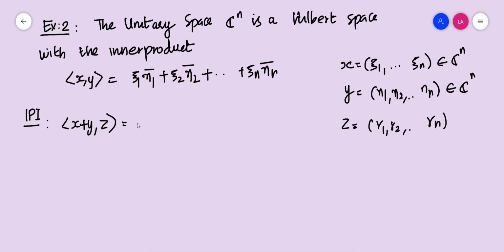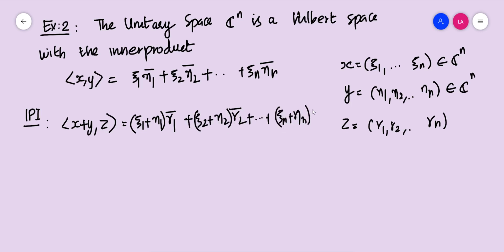That's the idea. So (theta 1 plus eta 1) times gamma 1 conjugate plus (theta 2 plus eta 2) times gamma 2 conjugate plus etc. (theta n plus eta n) times gamma n conjugate. So this is the whole idea.